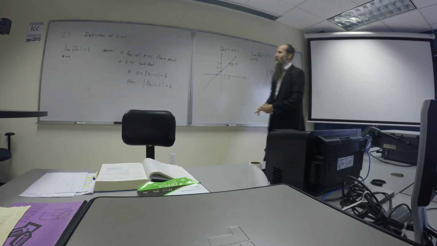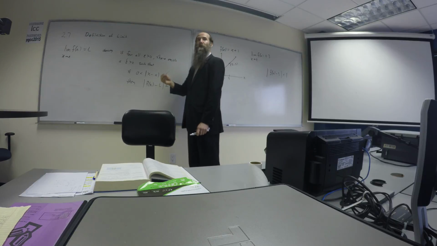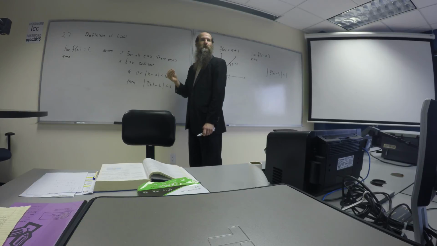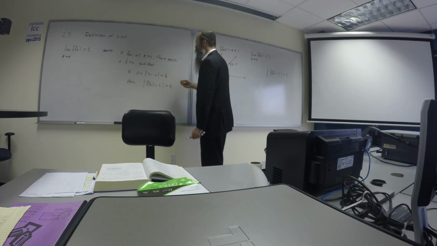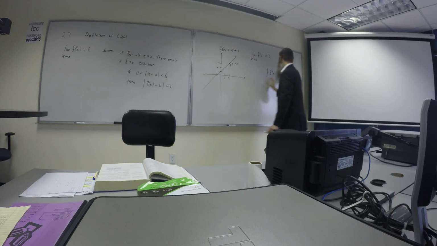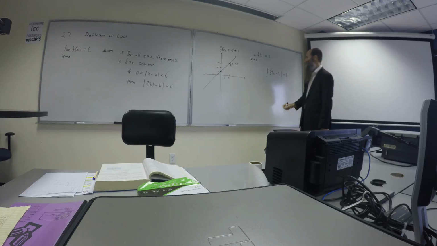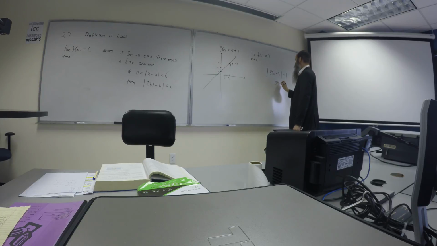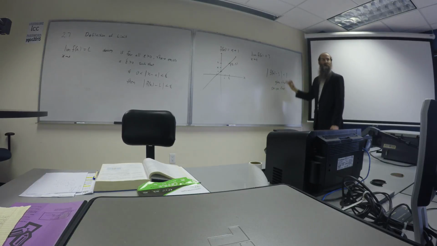Now, this has to work for every epsilon, but I'm giving an example of a particular epsilon right now. Particularly, we've chosen the number 1. Given that epsilon equals 1, can you find a delta that will force this to happen? A lot of the problems in the textbook and probably online are based around this particular setup.